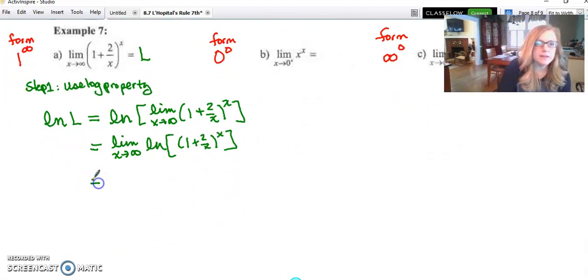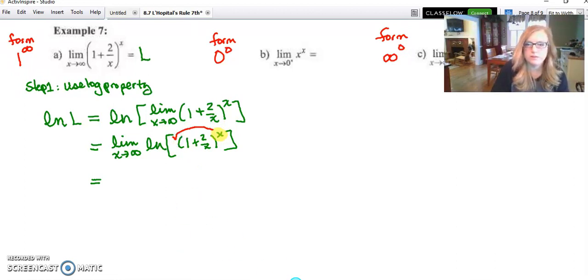Then we come down here and use the log property. I'm going to take my handy little exponent right here. Let me undo. There. So that x right there, I want to move to the front.